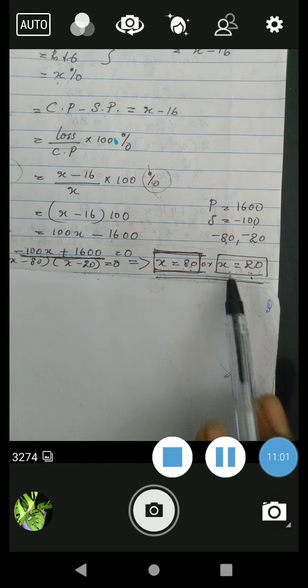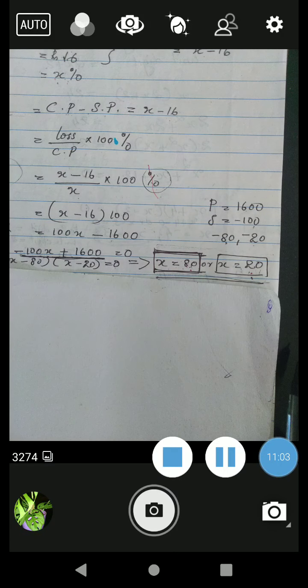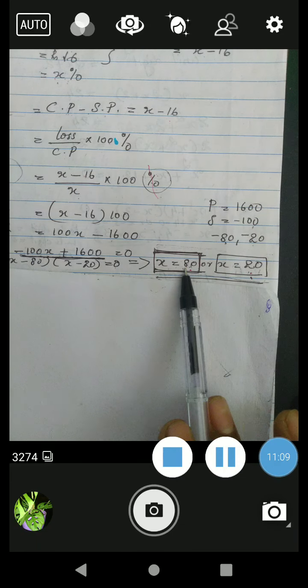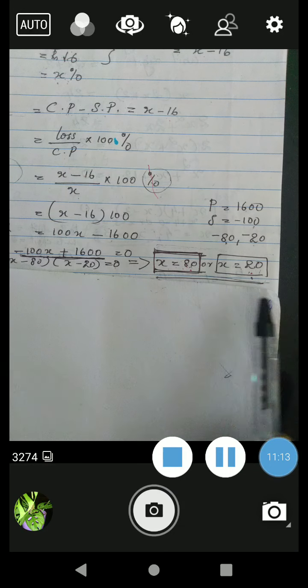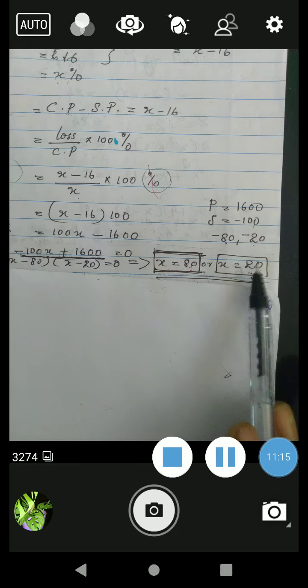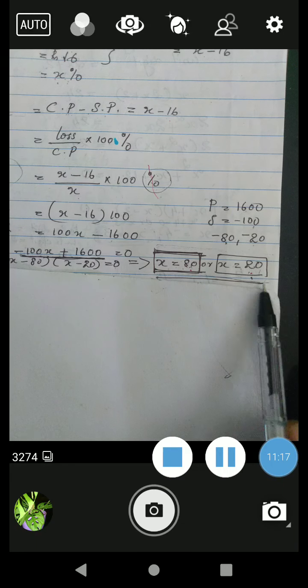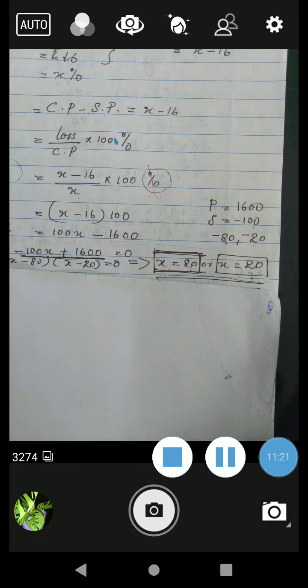These two values are possible in this question because if you consider cost price is rupees 80, loss percentage is 80%. If cost price is rupees 20, loss percentage is also 20%. You can check whether this answer is correct or not.